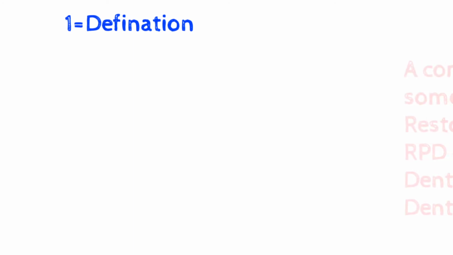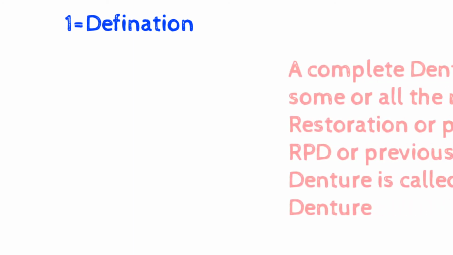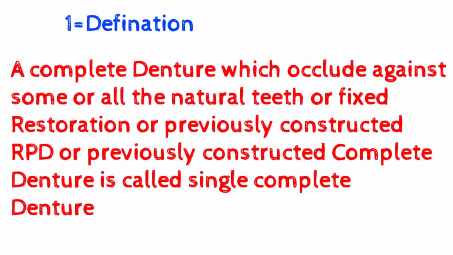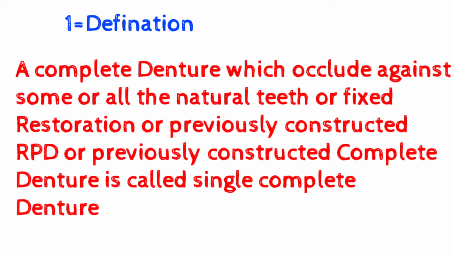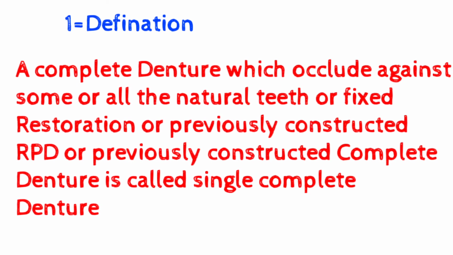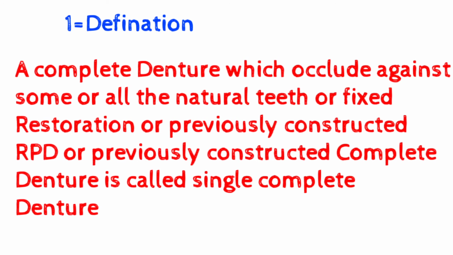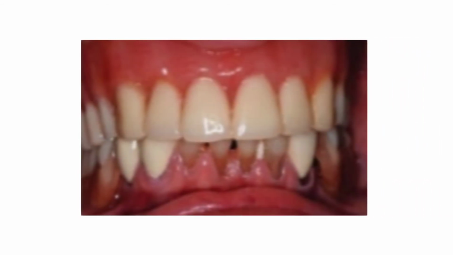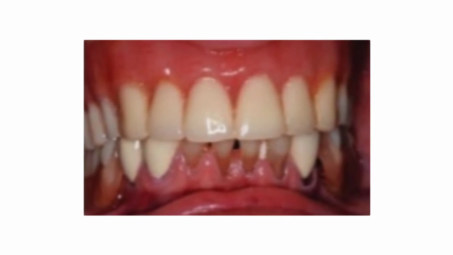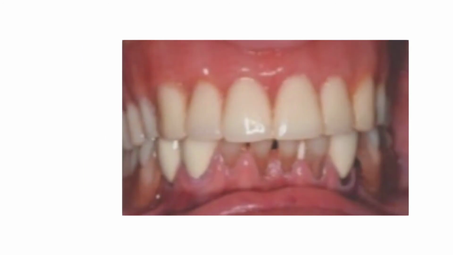A single complete denture is a complete denture which occludes against some or all natural teeth, or fixed restoration, or a previously constructed removable partial denture, or a previously constructed complete denture. Look at this diagram. In maxilla there is a single complete denture, but in mandible there are a few natural teeth and a removable partial denture.